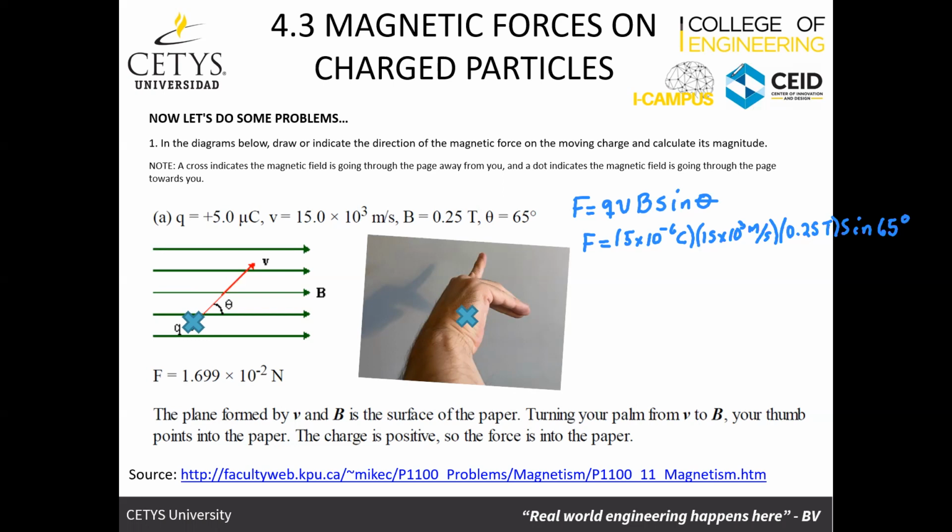In B, it's only 0.25. Yes, it doesn't have a multiplier in this case. The values of the magnetic fields are in Teslas, and they should be smaller than 1. As was mentioned in the video, a 1 Tesla magnetic field is a very large one.